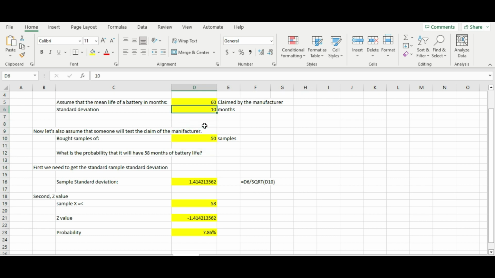For example, if we start with a standard deviation like 5, then there is a lesser probability that the life from the 50 samples will be low, only 0.8%, because the standard deviation is smaller. Now, with a standard deviation of 11 months, there is a big chance of having a low battery life. So that's how it works.